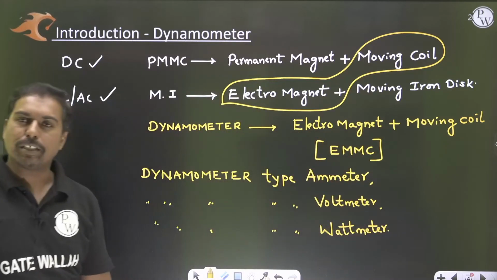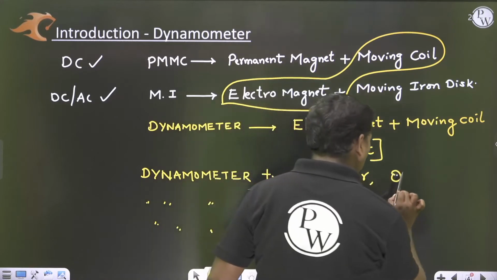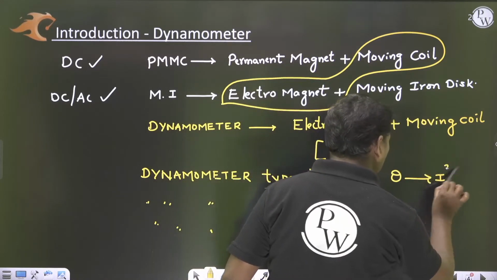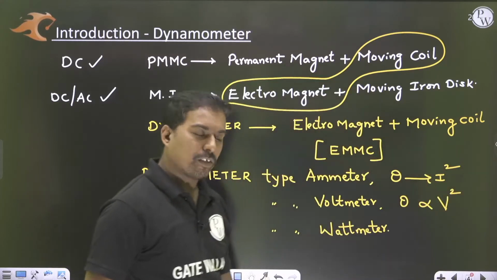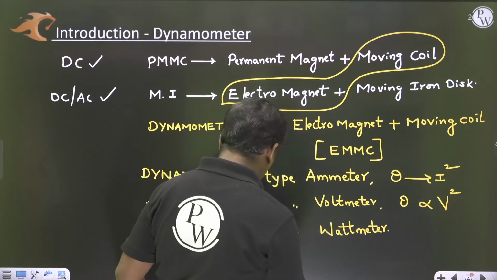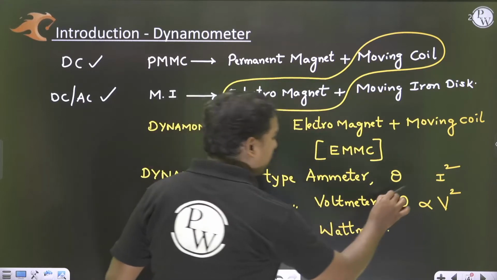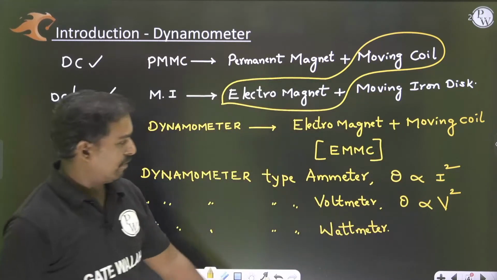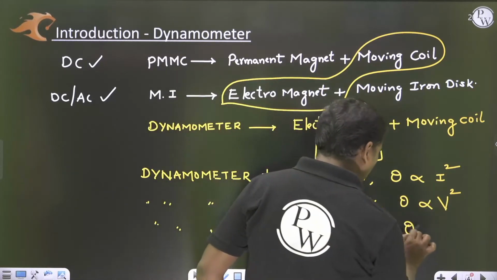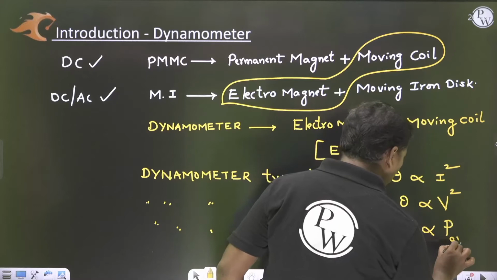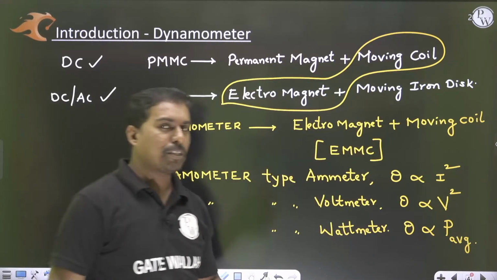Here the deflection is proportional to I square, and here the deflection is proportional to V square. And here comes why it is called wattmeter. It is proportional to the average power. So dynamometer is a transfer type instrument.